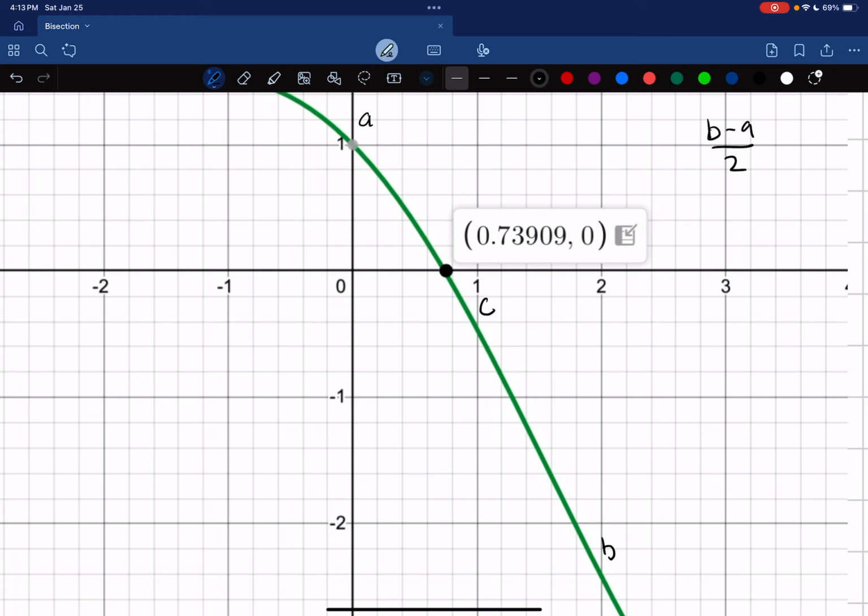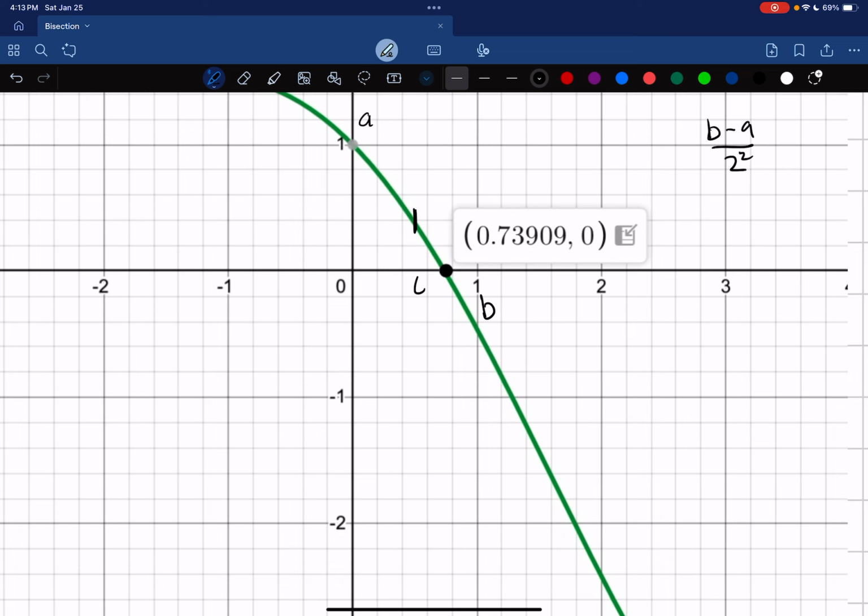B and A being the original, okay? Now, if I redo this one more time, so my B shifts, right? And then I divide this again, and I get something here. So this is my new C. Okay, now what's my error here? This is simply 2 to the 2.